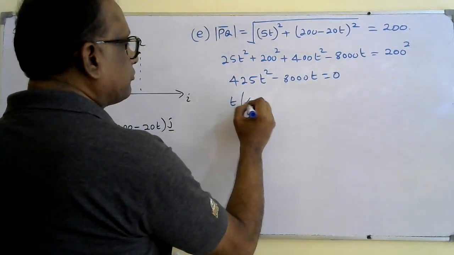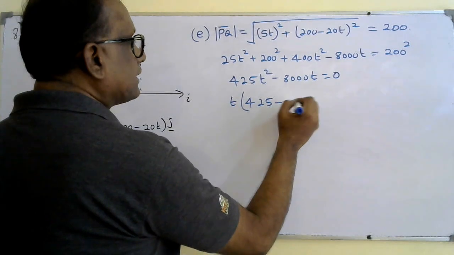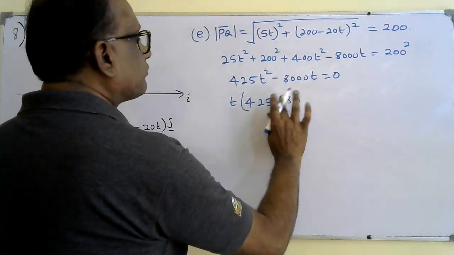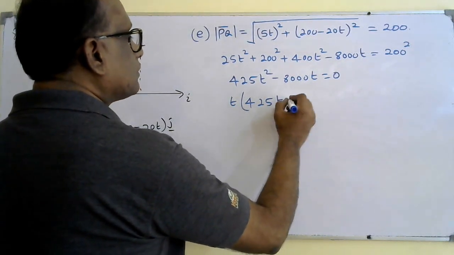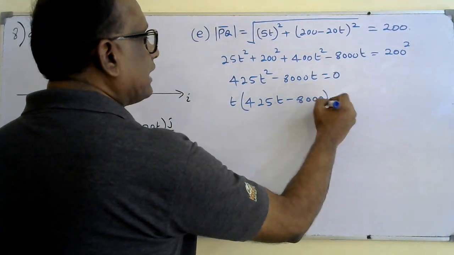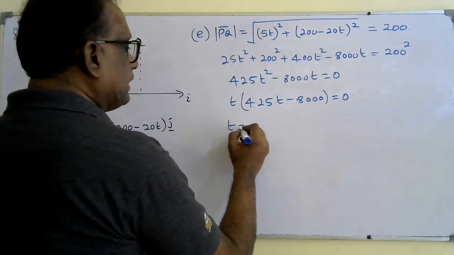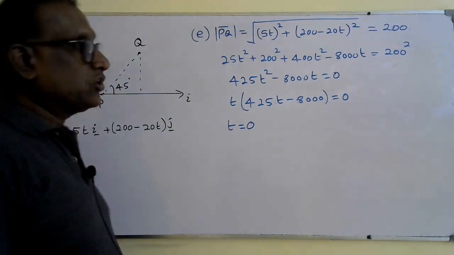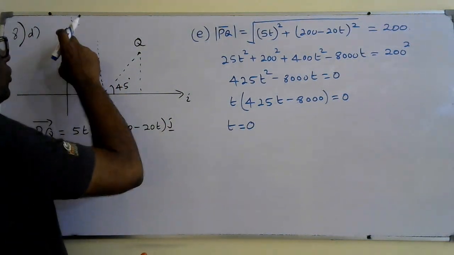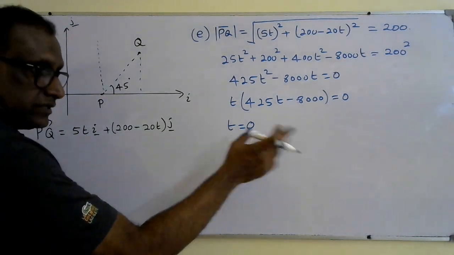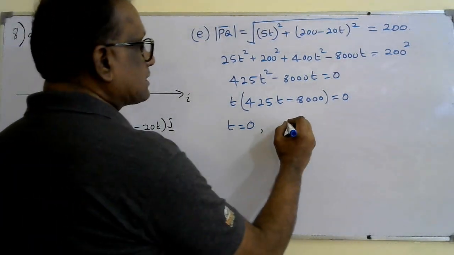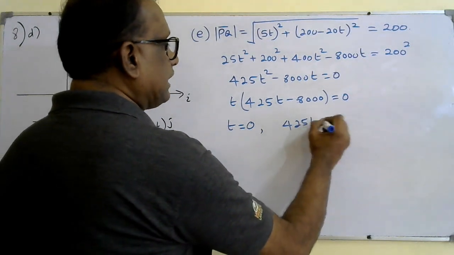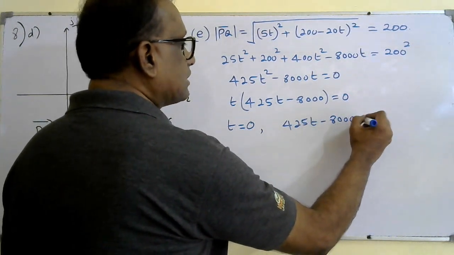So t into (425t minus 8000) equals 0. So t could be one of the solutions, 0. That's true initially. When t equals 0, P was at the origin and Q was at 200j. Initially they were 200 meters apart towards north. So t equals 0 is correct. Or the other answer: 425t minus 8000 equals 0.